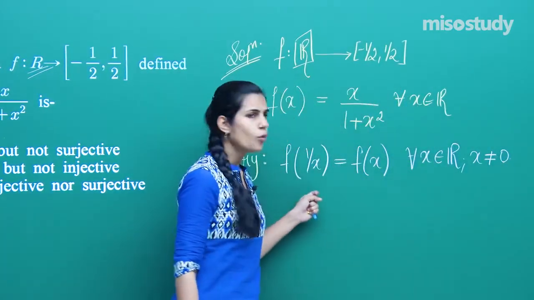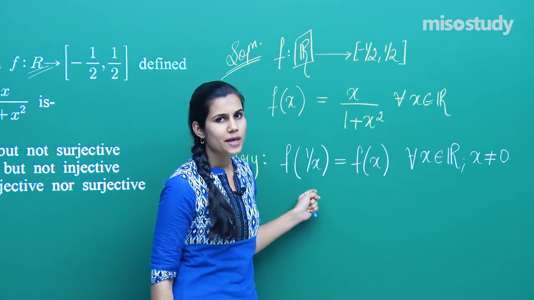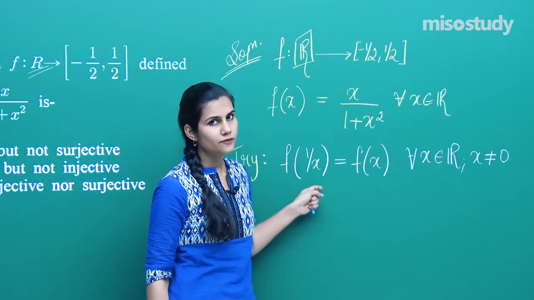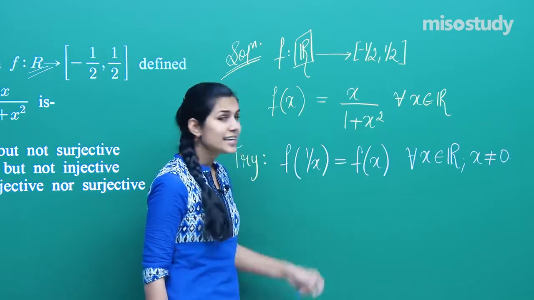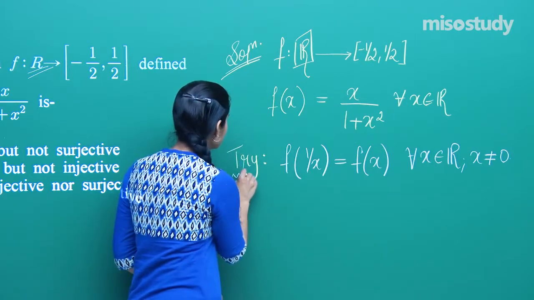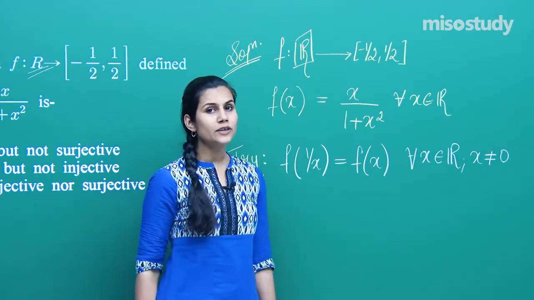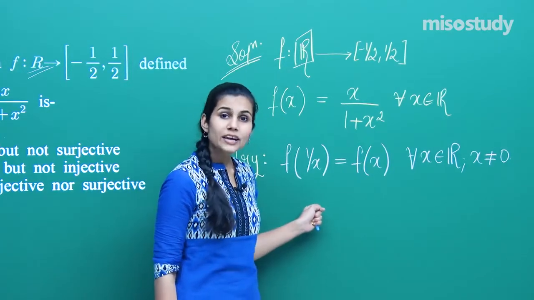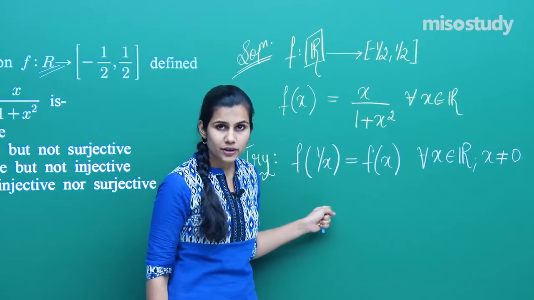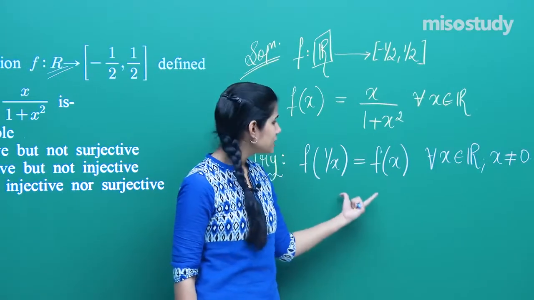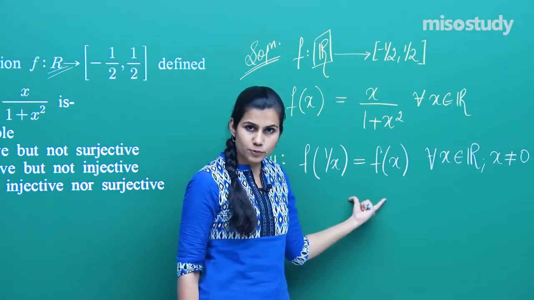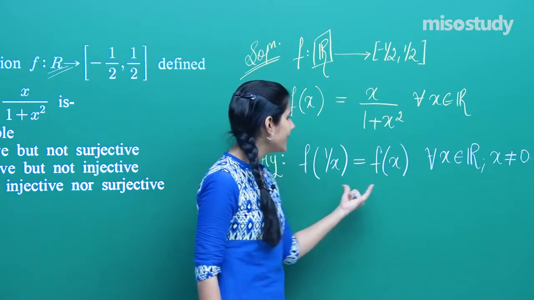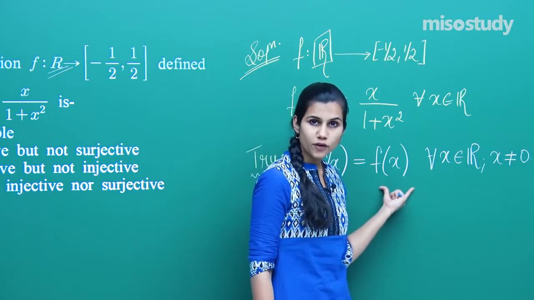Because for x equal to 0, 1 by x is not defined and therefore it won't be a real number and so won't be getting an entry inside the function f. This is one method to conclude that the function is not one-one. And so if I use this method and get the output that yes, for every non-zero x, f of 1 by x is coming out to be equal to f of x.